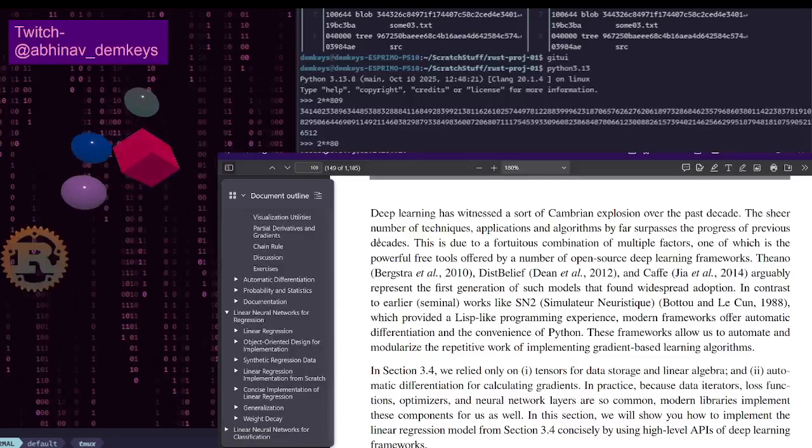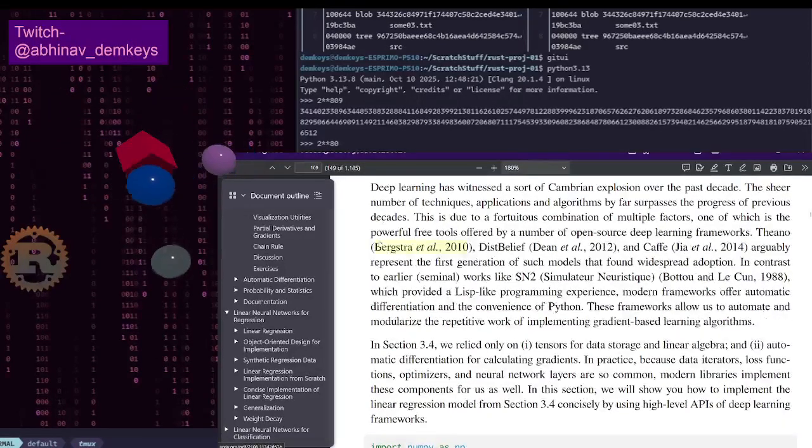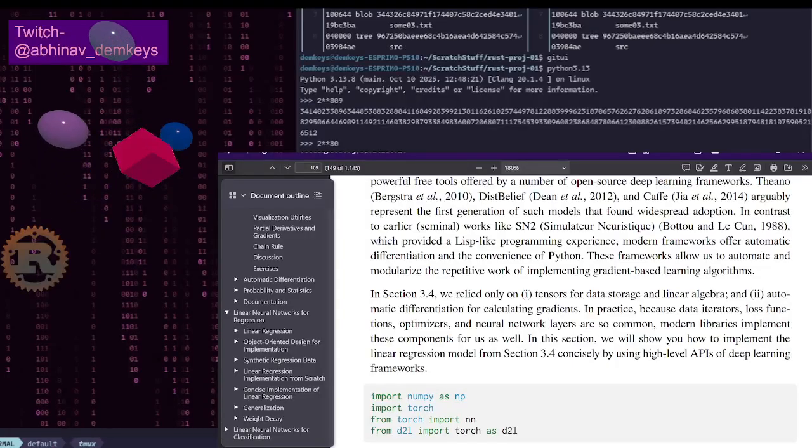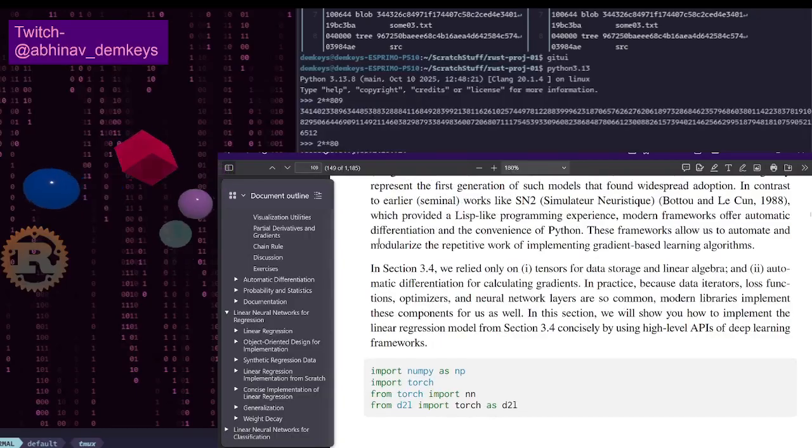Okay. In practice, because data iterators, loss functions, optimizers, and neural network layers are so common, modern libraries implement these components for us as well. In this section, we will show you how to implement the linear regression model from section 3.4 concisely by using high-level APIs of deep learning frameworks.